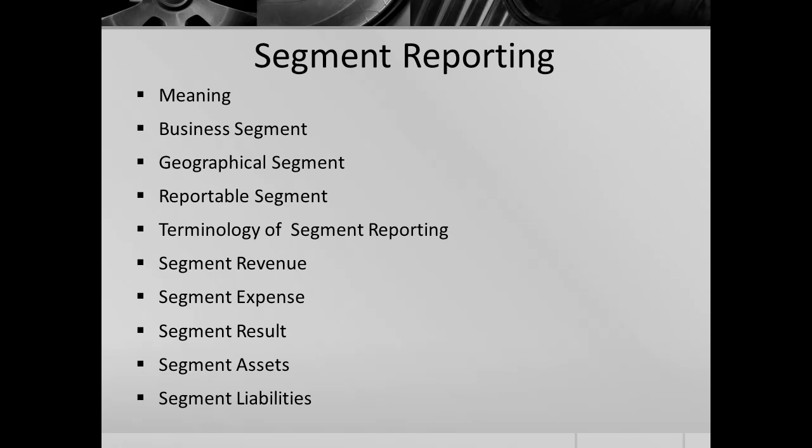Then segment liabilities, which means those operating liabilities that result from the operating activities of a segment and are either directly attributable to it or can be allocated to it on a reasonable basis.